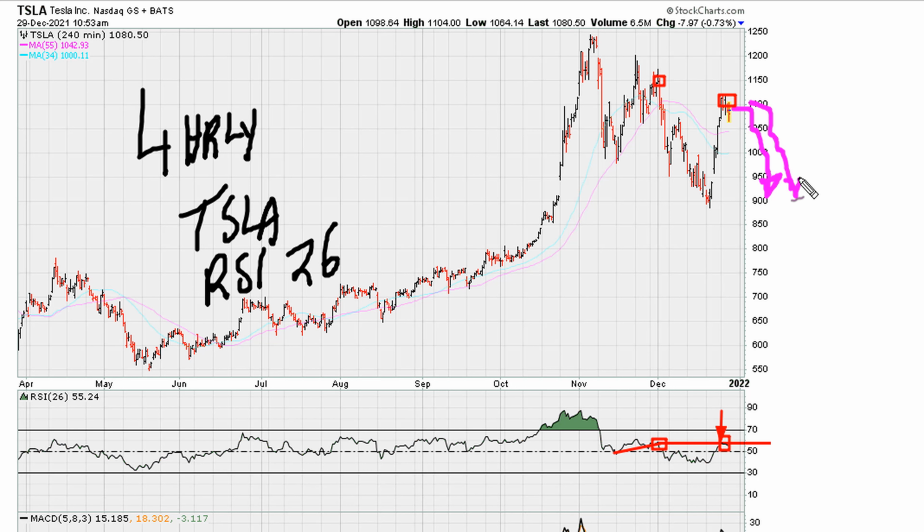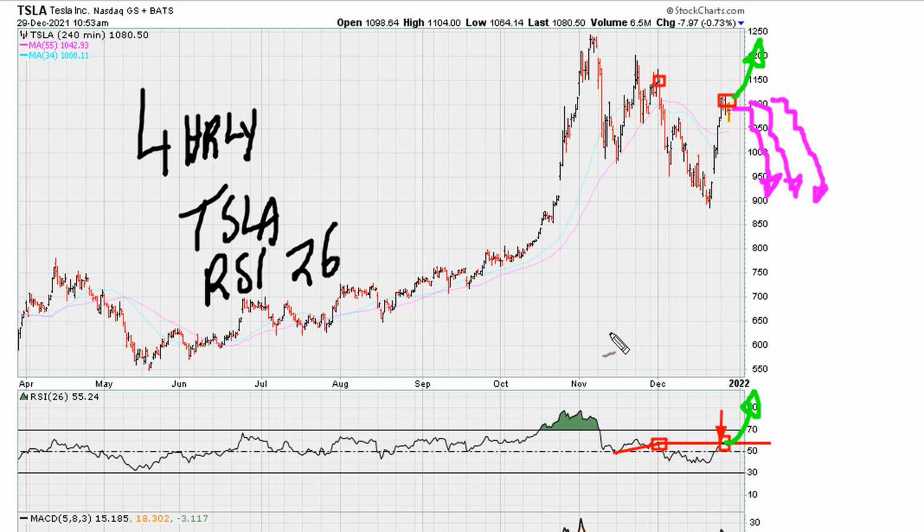If Tesla is to move higher in the beginning part of 2022, it would need to clear this line so it can have an opportunity of going higher. And again, one more last time, right now based on these observations, it seems like the next meaningful swing trade is for a move down.